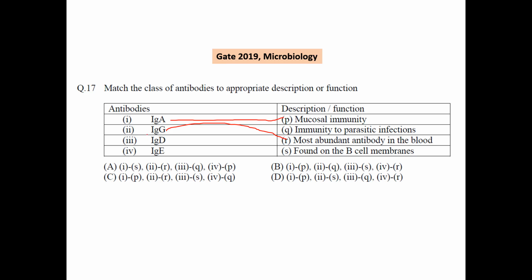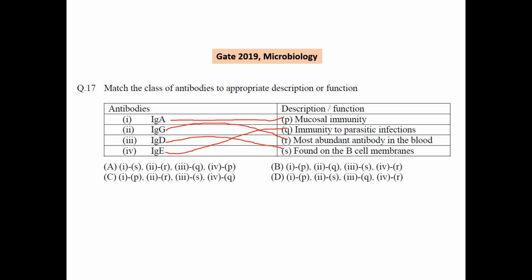So the second option will be R. Then we have IgD, whose biological function is not known, but we know that it is present in the B cell membrane. And lastly, IgE, we read that IgE provides protection against parasitic infection and hypersensitive reaction. So IgE will be Q.